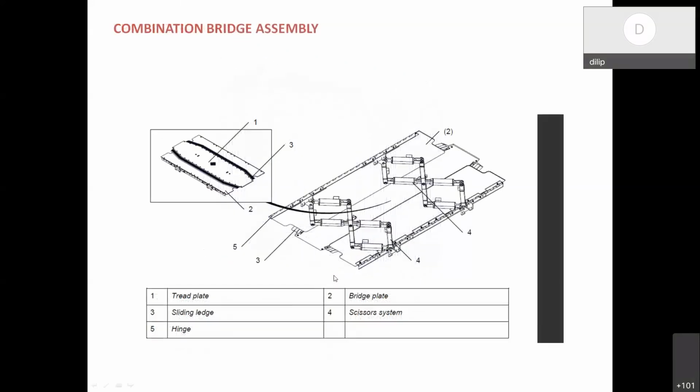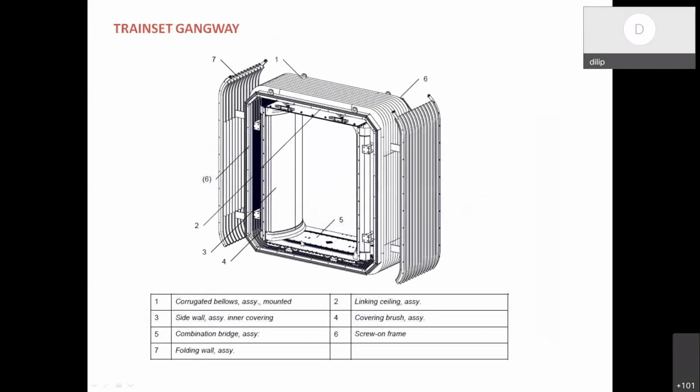Now coming to the combination bridge assembly. You see this is the combination bridge assembly, number 5, which is on the floor. In Train 18, the height of this from the rail level and the height of the internal flooring are more or less the same.